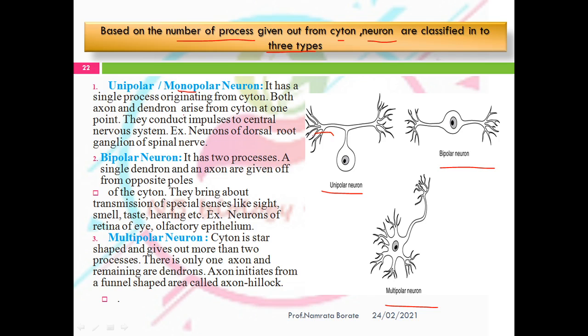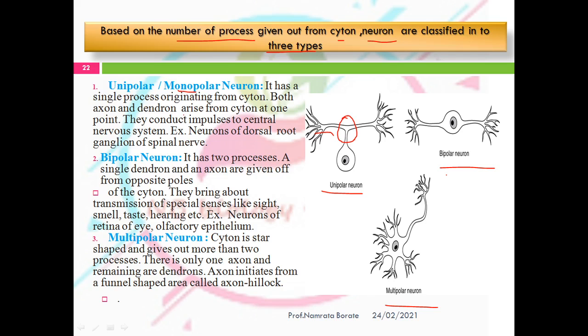Both the axon and the dendron arise from the cyton at one point. That is called the unipolar or monopolar neuron. They conduct impulses to the central nervous system. For example, neurons of the dorsal root ganglion of the spinal cord.